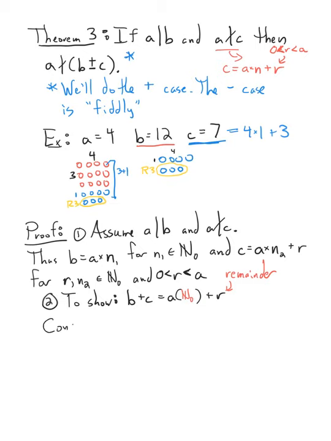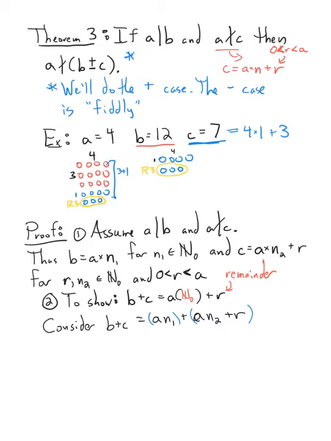So let's consider B plus C. We know B is A times n1, and C is A times n2 plus R. And maybe it's a good idea, I'm going to put brackets around these.